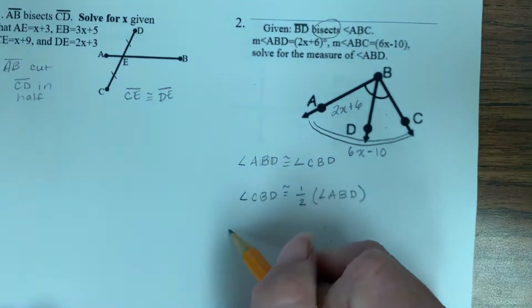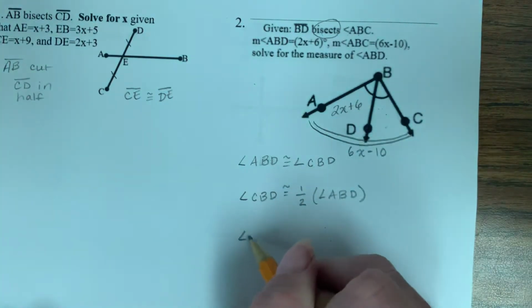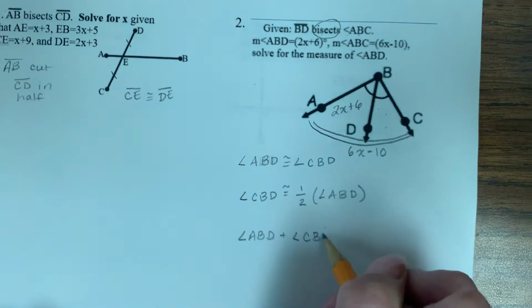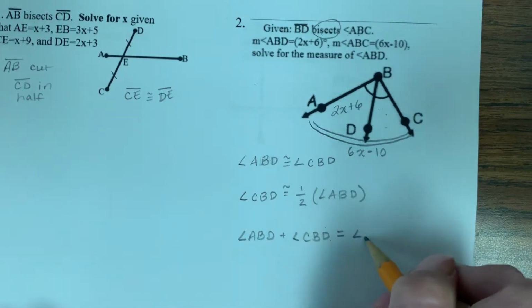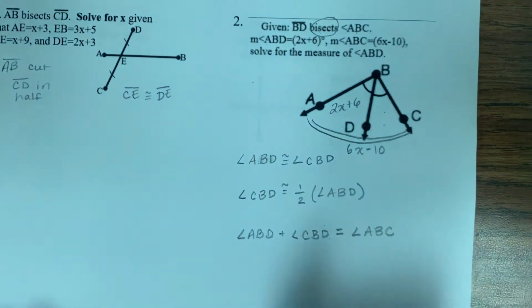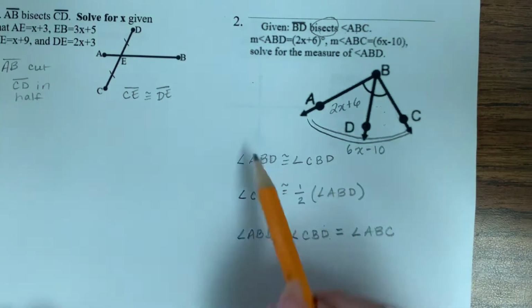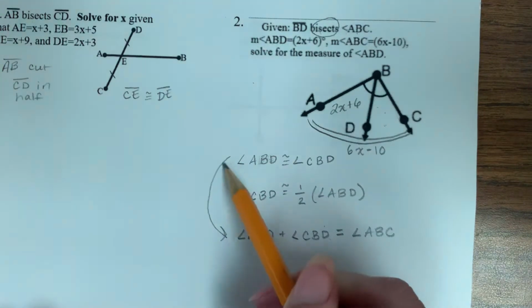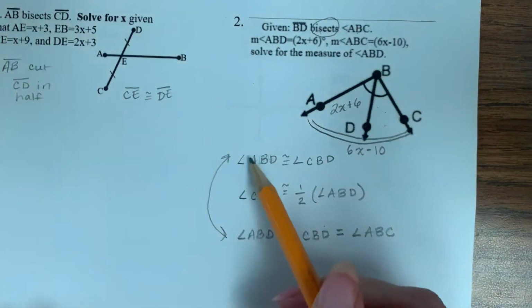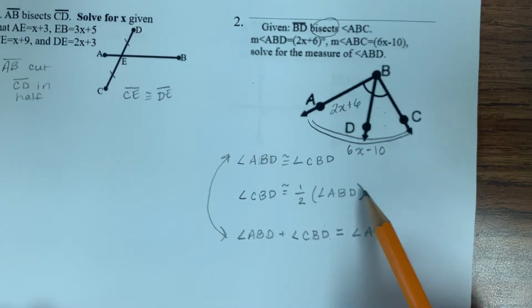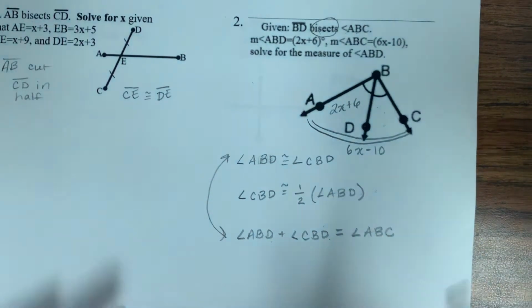Don't forget the angle addition property that says that angle ABD plus angle CBD is equal to angle ABC. So you should be able to use that information. Maybe either of these two things could help you. This would take a couple more steps, and this would be a little faster, but I don't know which way you're going to think about it.